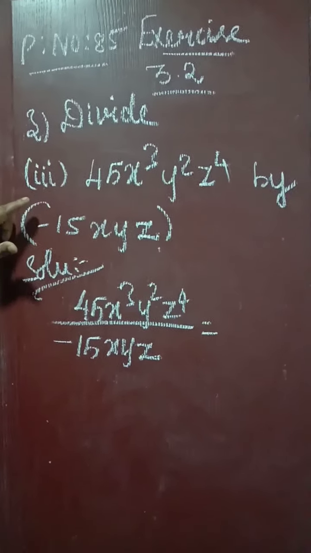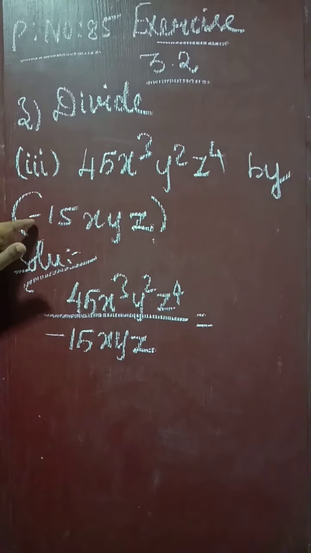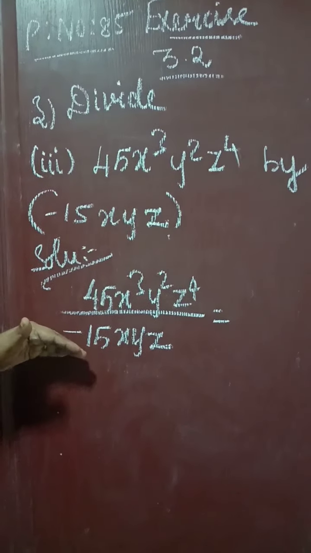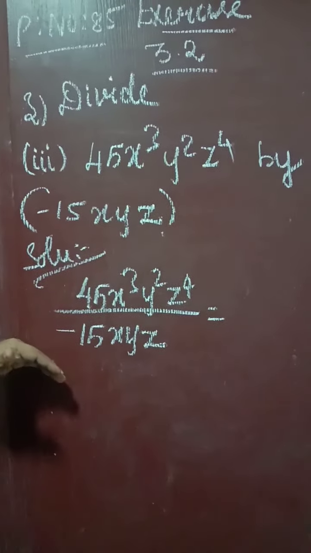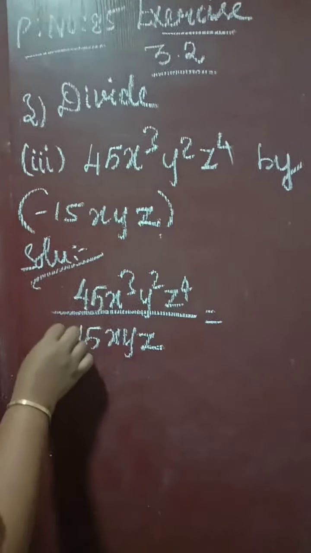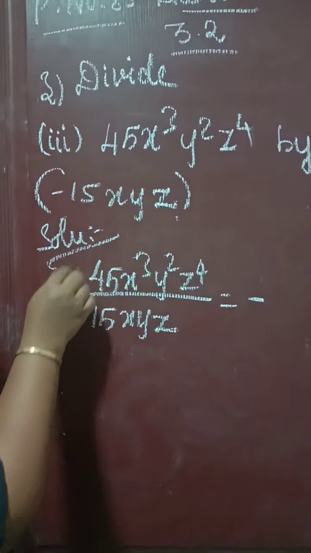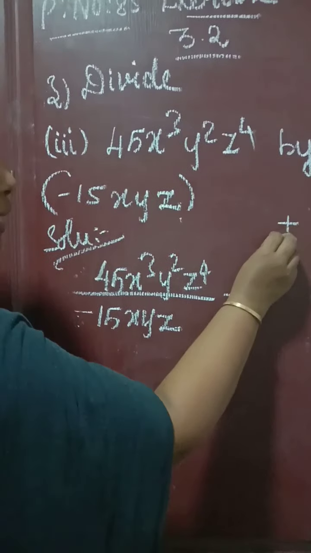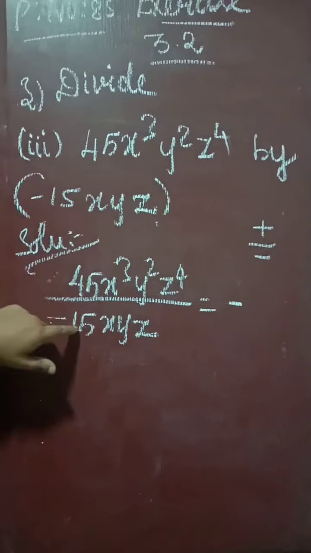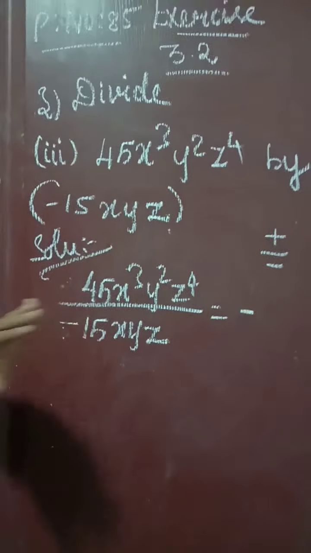Listen, my next is 45x cube y squared z power 4 divided by minus 15xyz. Positive divided by negative, plus divided by minus, any one minus means the answer comes as minus. Do you know the 15th table? 15 3s are how much? 45.